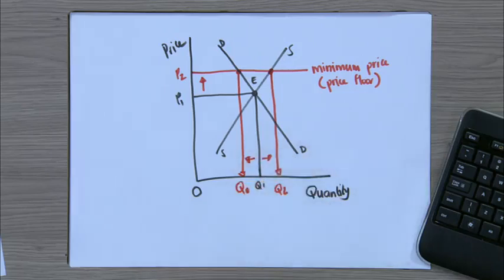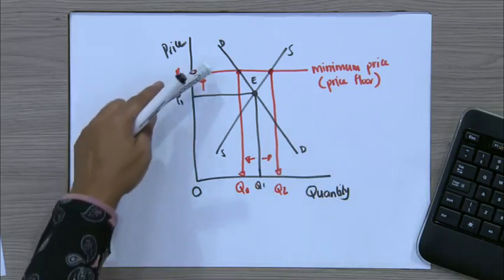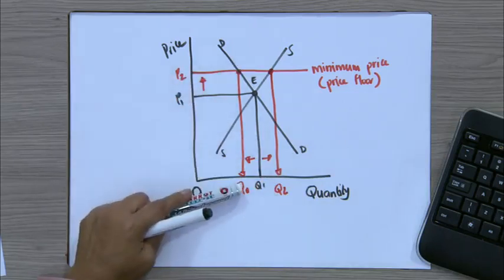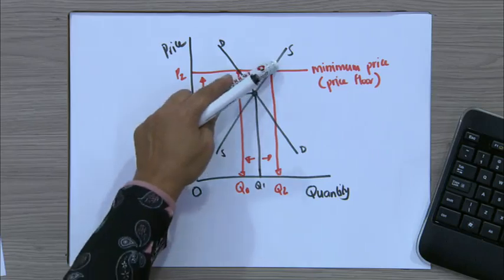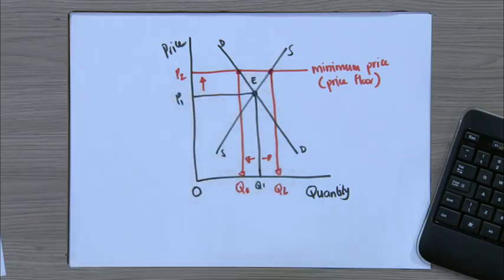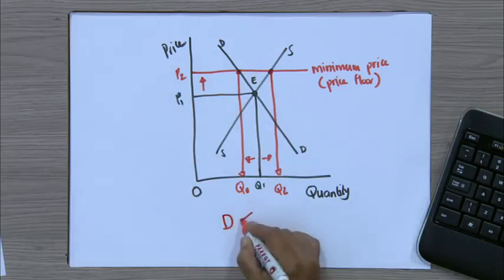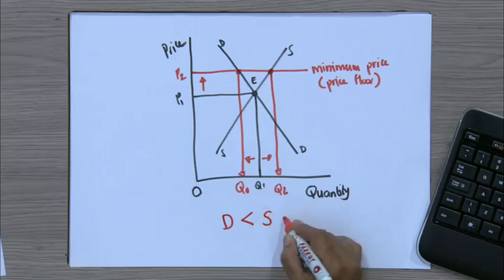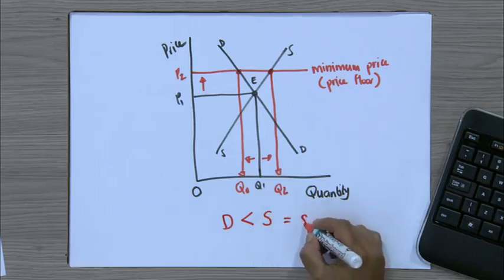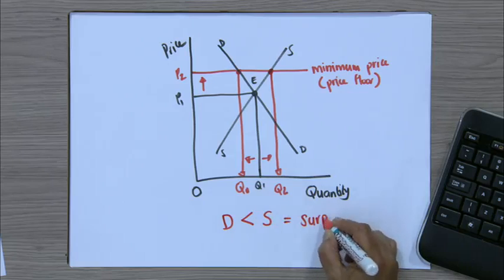Once again, law of demand, prices increase, demand decreases. Law of supply, price increase, supply increases, right? Still staying with that. So here now you have the situation where demand is less than supply. So now we're sitting with the opposite of a shortage, which is a surplus, right?